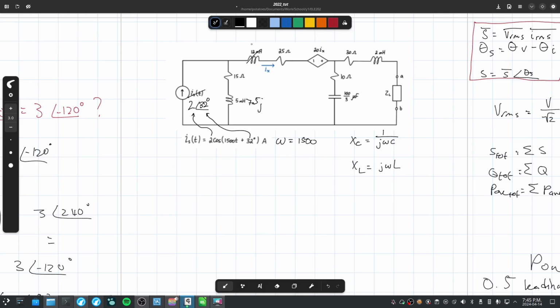This is 18J. This is another one at 2 millihenries. This is 3J. And this here is a capacitor. So that's 1 over J times omega, which is 1500, times the farad amount, which is 100 divided by 3 times 10 to the negative 6.